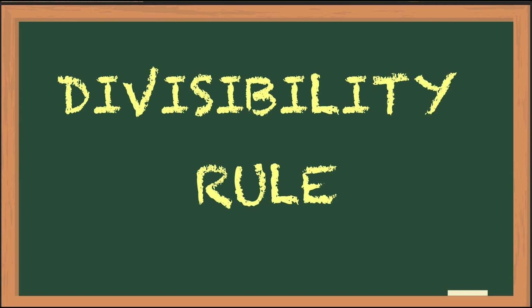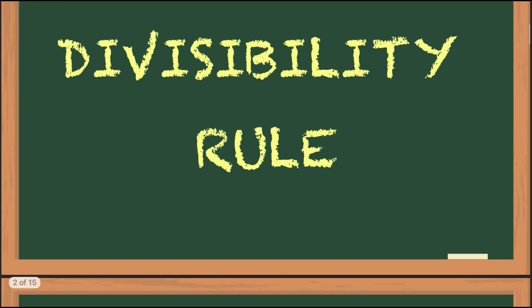So it's better that we start off with the easier one first, and after that, you will be able to grasp the overall knowledge one by one. So let's start off with the divisibility rule for 10. How to do it for 10?